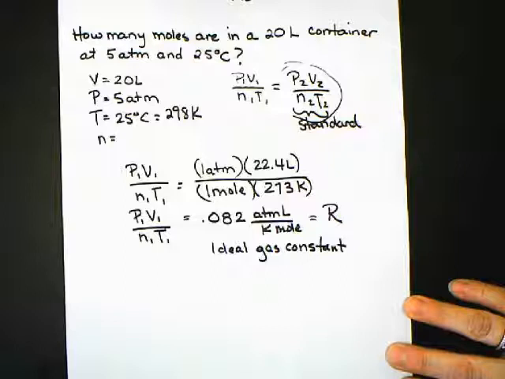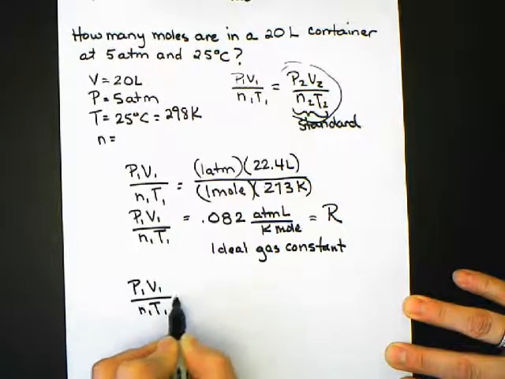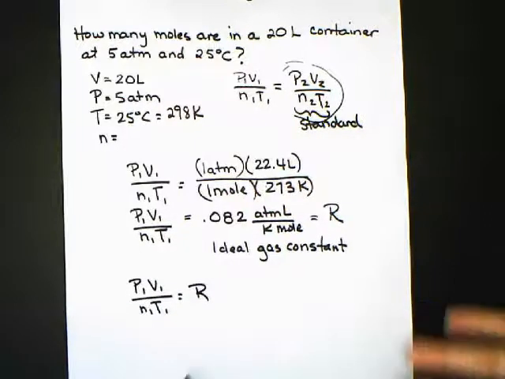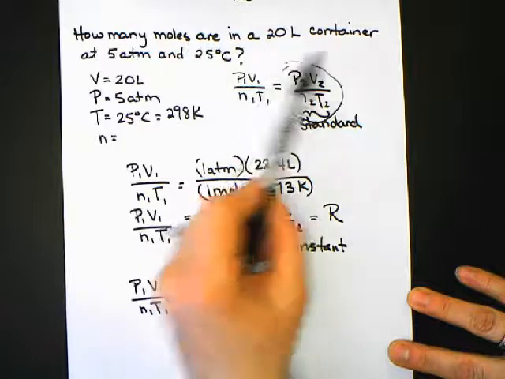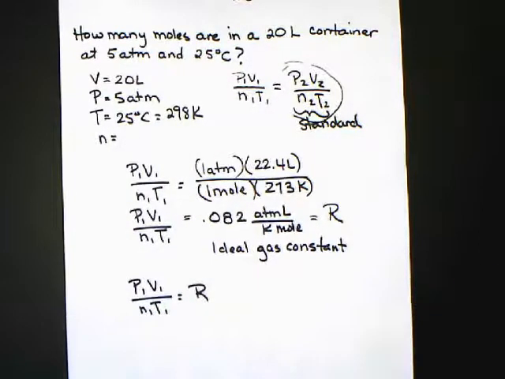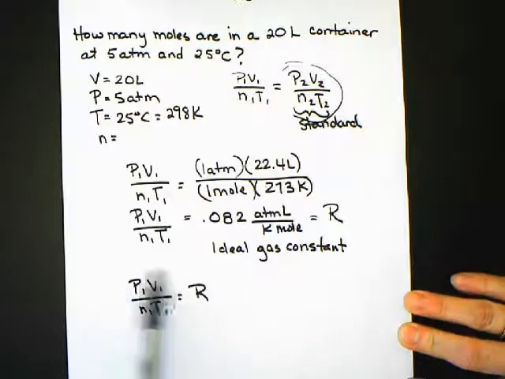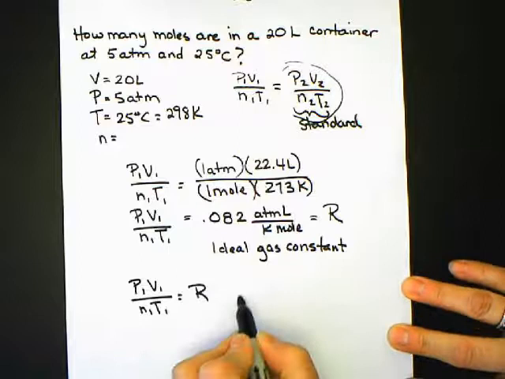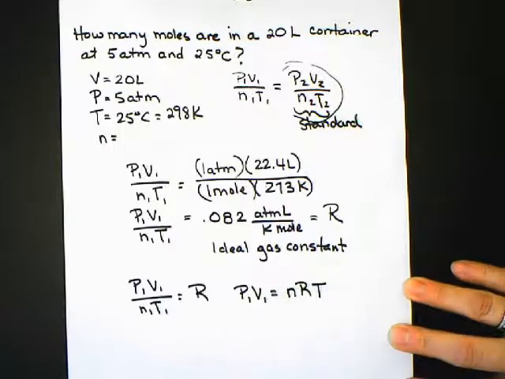So I can rewrite the equation like this, so that if I have not changing conditions, but one set of conditions for which I don't know all of the values, I can use this ideal gas law. Although writing it this way isn't nearly as common as writing it this way. So this is what we refer to as the ideal gas law.